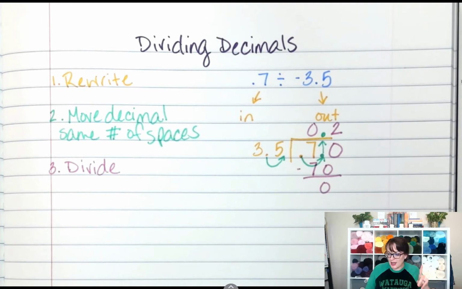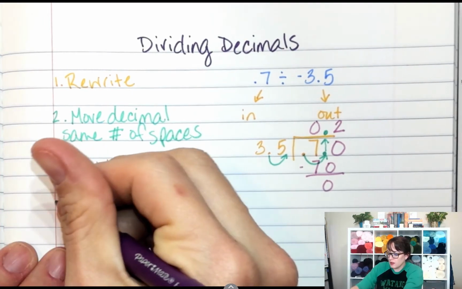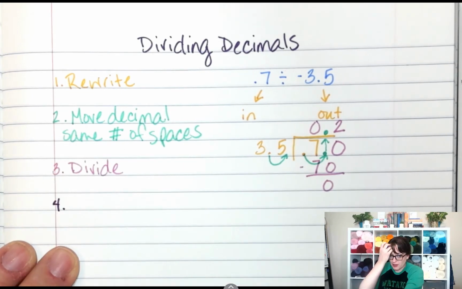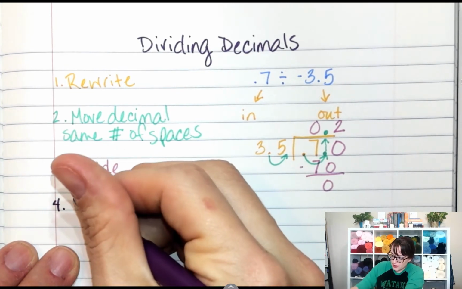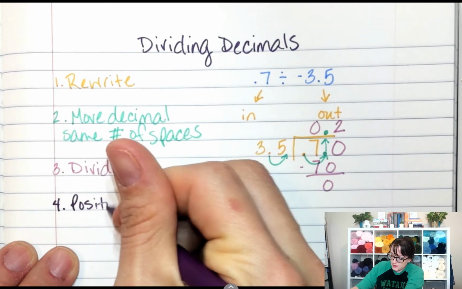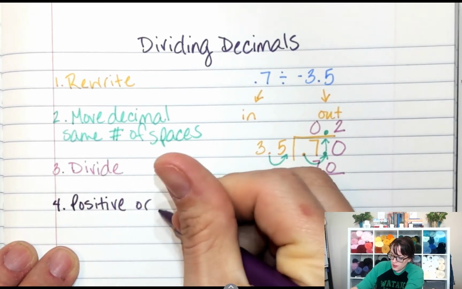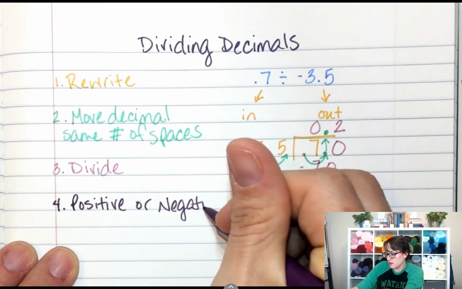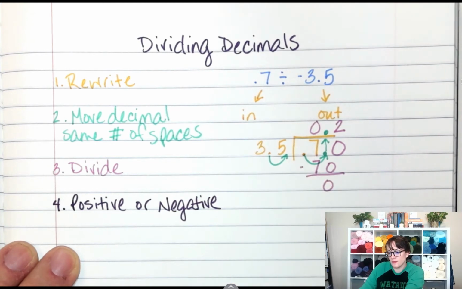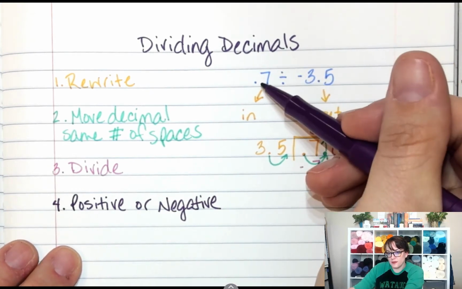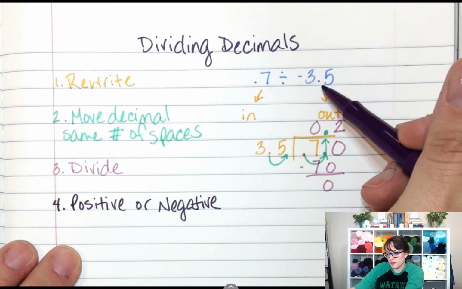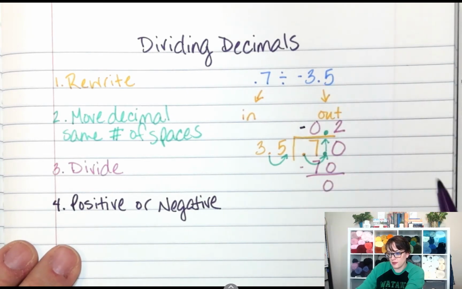All right, last step. The last thing I have to do is assign this as a positive or a negative. So I always want to ask myself at the end, is this positive or negative? So a positive divided by a negative is a negative.